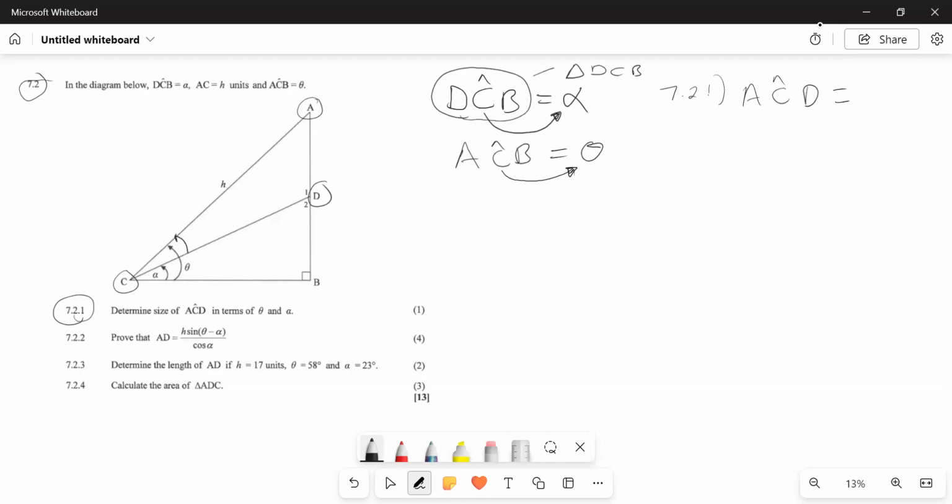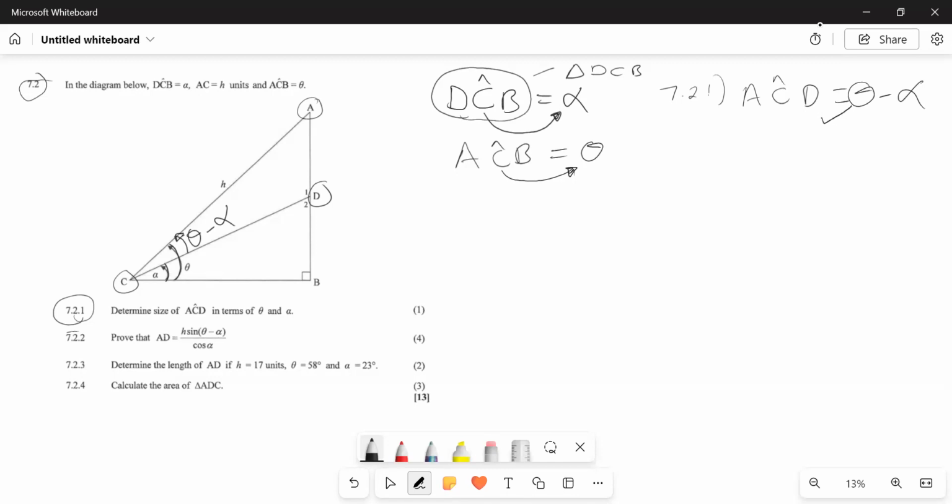Here's our C there. So how can we find that angle? We need to say the bigger angle minus the smaller angle. So theta minus alpha, right? So meaning now, our ACD is equal to theta minus alpha. Got your mark.